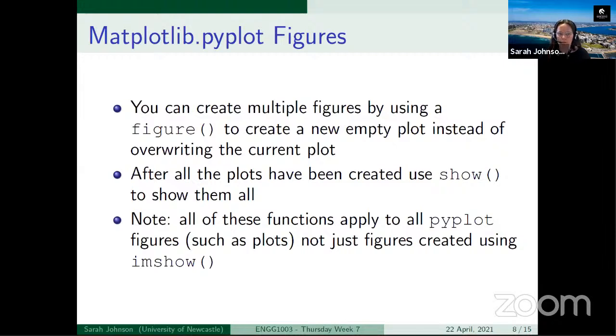So you'd write plot.figure and it would create a new figure object, and then you do your imshow or your plot or however you want to create that particular figure. And then when you move on to the next one, you have a new figure command and it will create a new figure. It won't overwrite the old one. So you can have multiple figures being created.